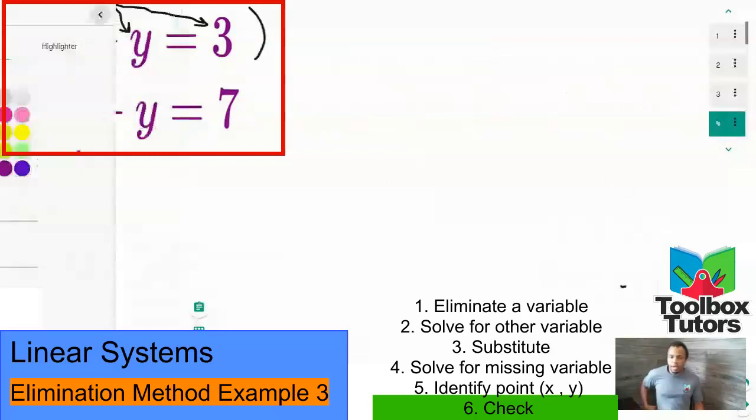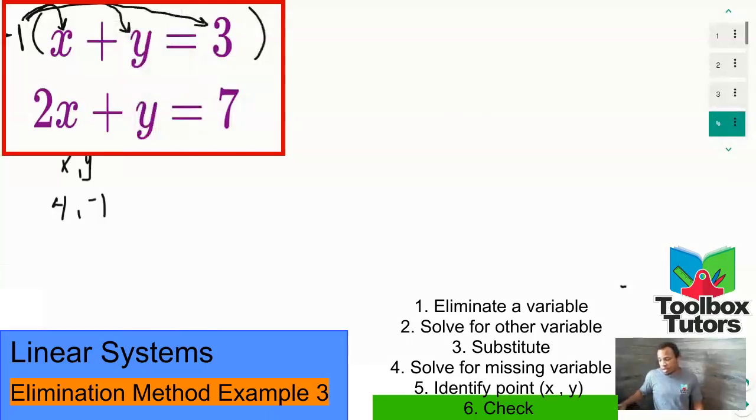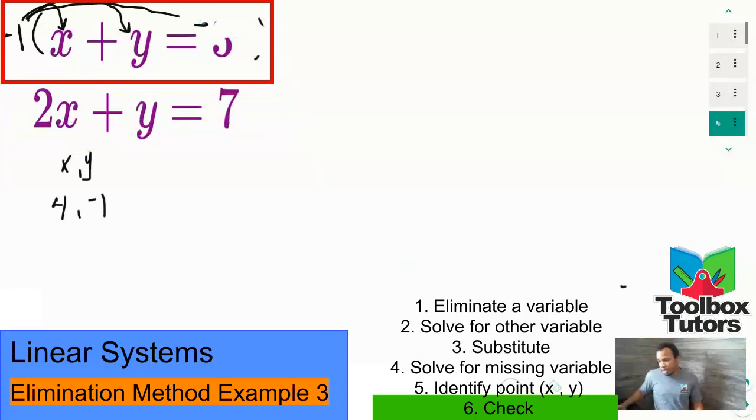All right, so one key thing I want to point out before we get started checking our solution is that when we take this point, (4, negative 1), and plug it back into each equation, I'm going to plug this back into our original equations. So what we're going to do is erase this, what we multiplied by negative 1.